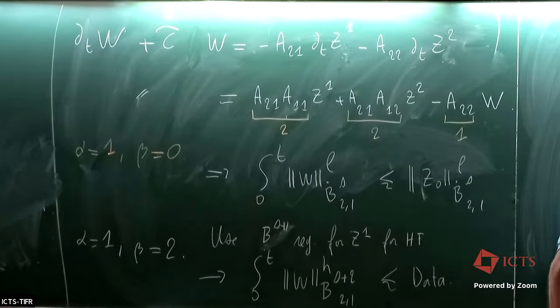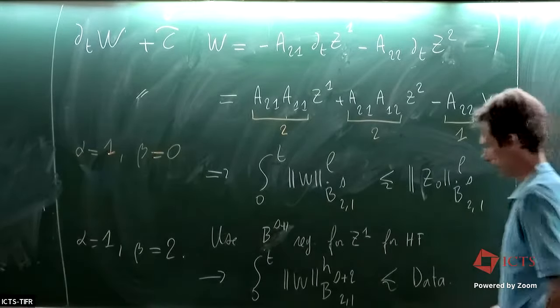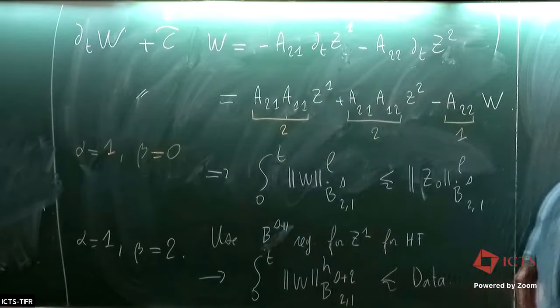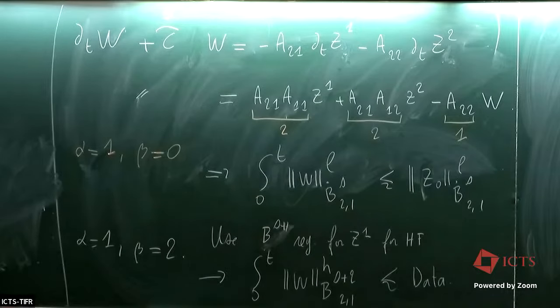Before that, I think it's interesting to recall some basic results for hyperbolic systems, from quasi-linear first-order hyperbolic systems, because it will explain some choices that I will make for the partially dissipative situation.